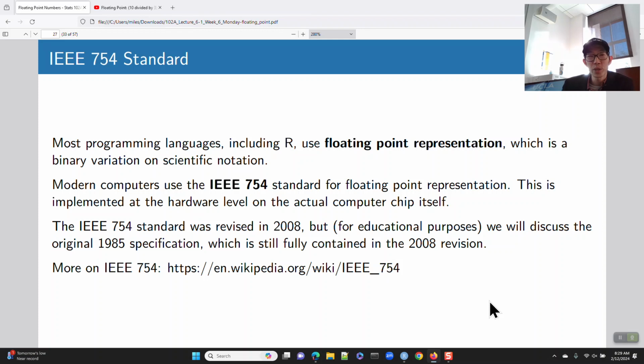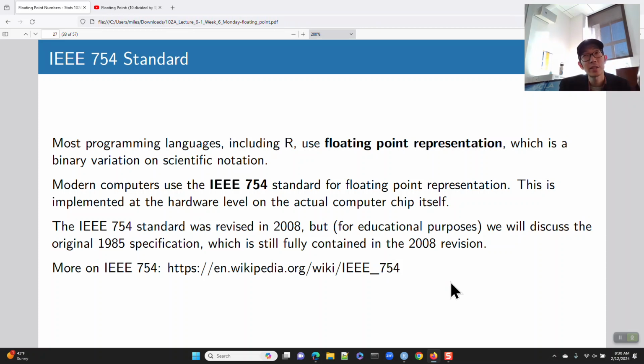How should this work? And they came up with the IEEE 754 standard for floating point representation. The standard was revised later in 2008, but we're going to discuss the original specification from 1985. You can read quite a bit about it. There's a very good Wikipedia article on the subject.